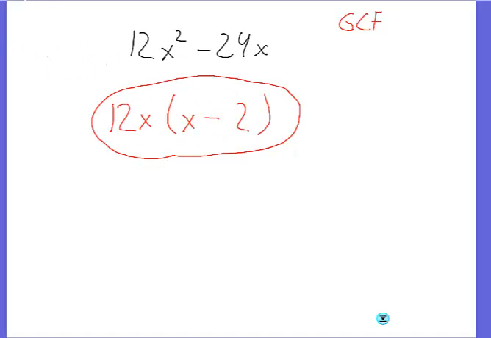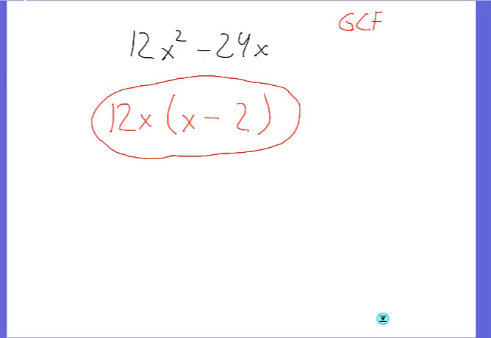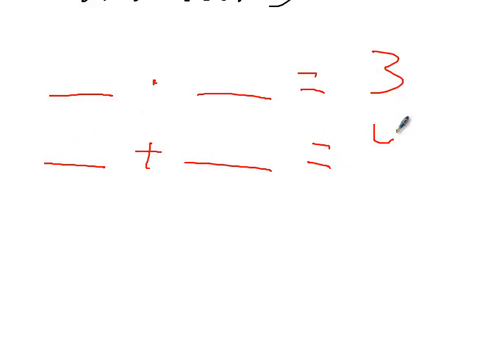All right, so the difference between this problem and this one is that it's a trinomial. There's 3 pieces. If there's 2 pieces, just factor out a GCF. If there's 3 pieces, this is when you need what times what equals the last number, then what plus what equals the middle number. Okay, so you need to find 2 numbers that multiply to 3, add to 4.